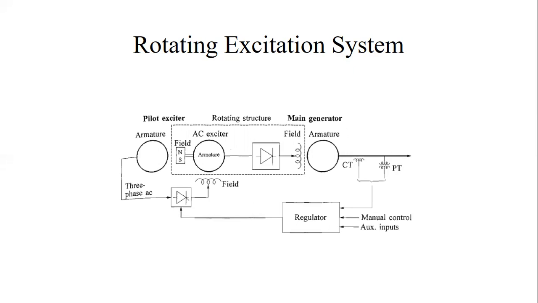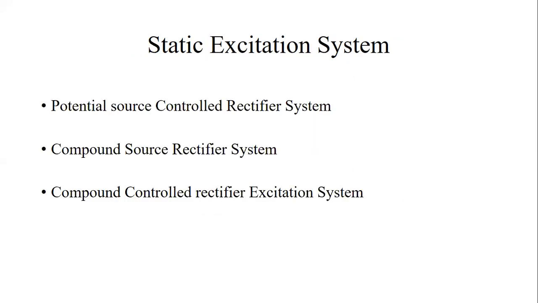For the sake of simplicity, the functions of the control circuitry are shown in the schematic diagram. Let's move to the further type of excitation system, which is the static excitation system, which is further classified into three subsystems. All components in these systems are static or stationary.